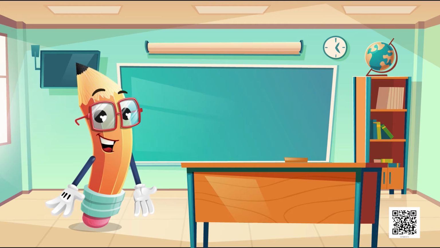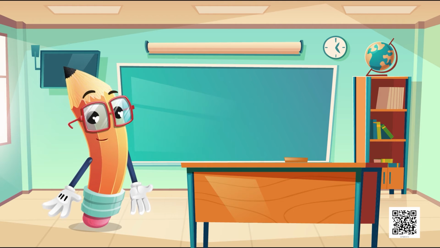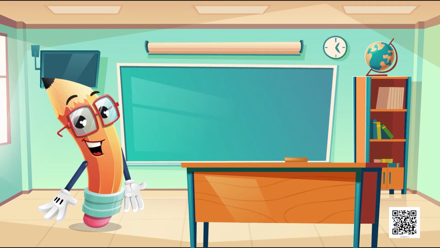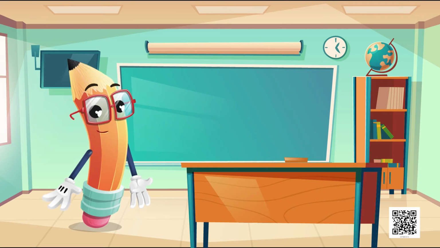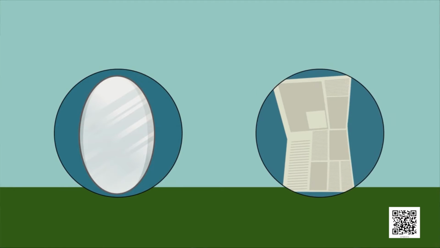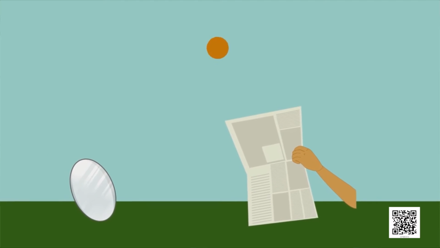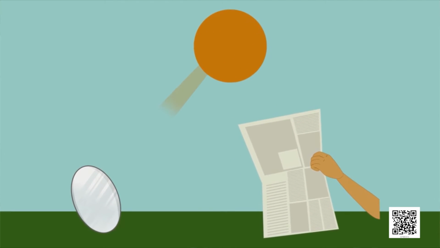Now we are going to see how a concave mirror forms a real image of the sun. For this, we need a concave mirror and a sheet of paper. Hold the mirror facing the sun and try to get the light reflected by the mirror on the paper.